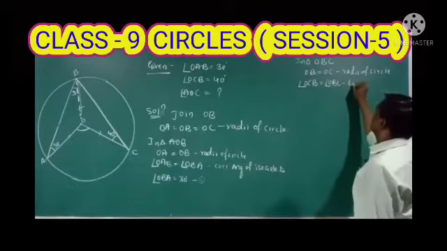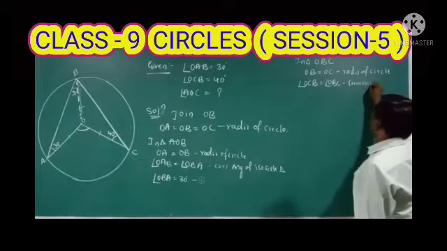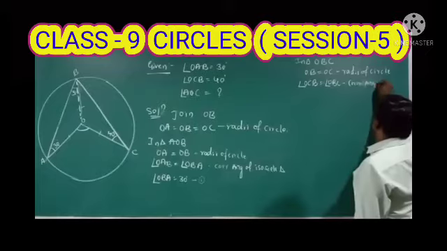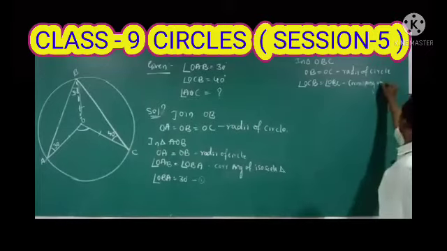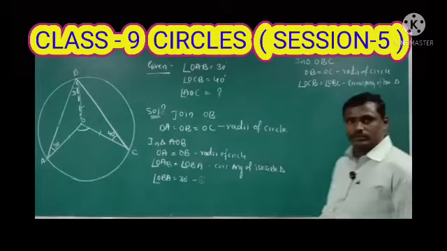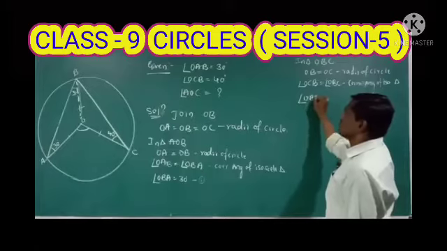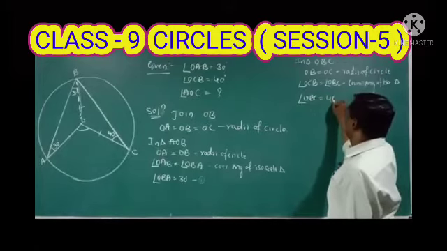These two are the corresponding angles of an isosceles triangle. Okay, therefore angle OBC is equal to 40 degree.